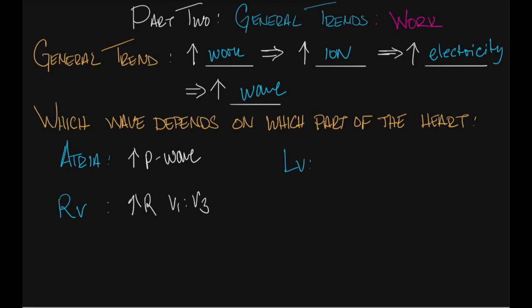And we talked about that RS relationship. So if we get an increase in R wave in V1 through V3, we're going to get an increase in S wave in those leads that are opposite the right ventricle, and so that's V4 to V6 and lead 1.